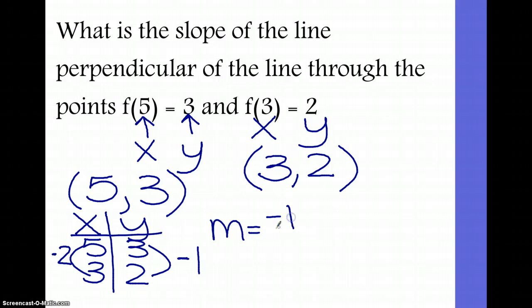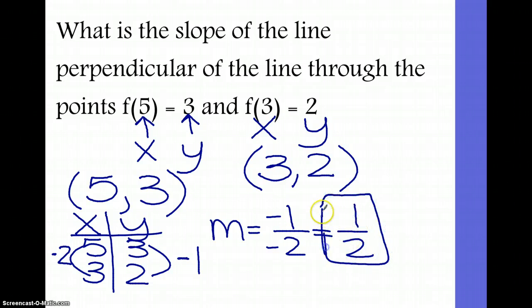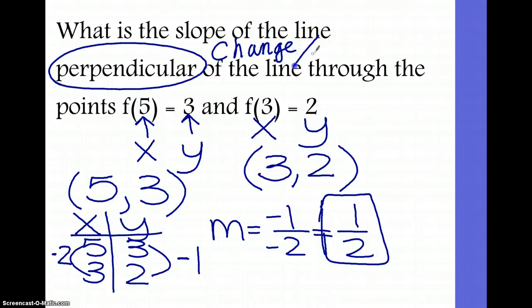That would be negative 1 over negative 2, which, negative negative, when you're dividing, makes positive. So the slope is 1/2. But we want the slope perpendicular. That means we need to change sign and flip the fraction.